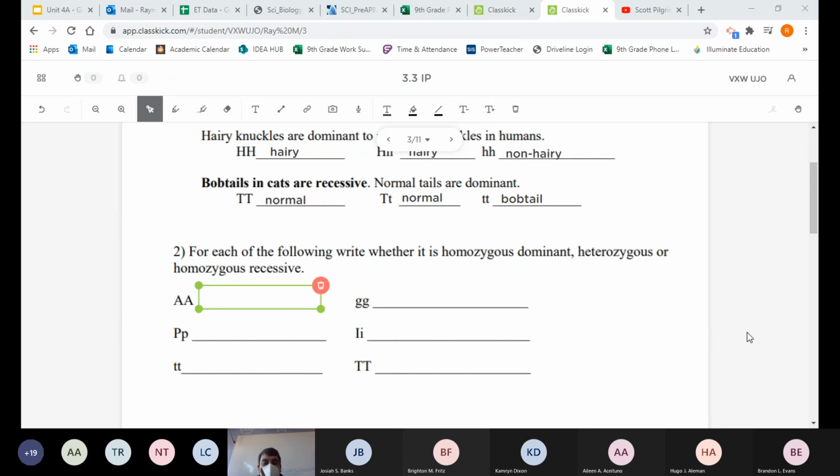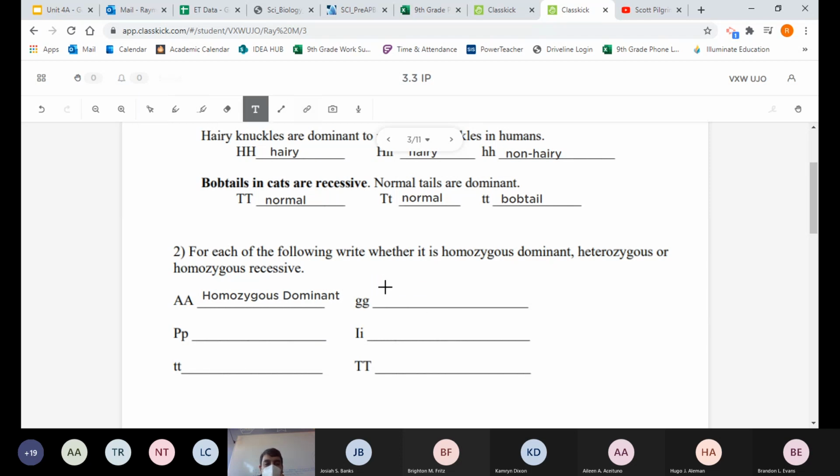Remember that homo means same. If we have capital letters, that means that we're dealing with a dominant trait. So capital A, that's going to be homozygous dominant.